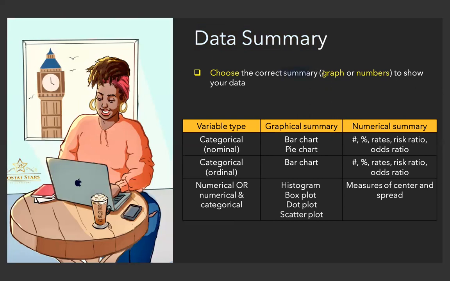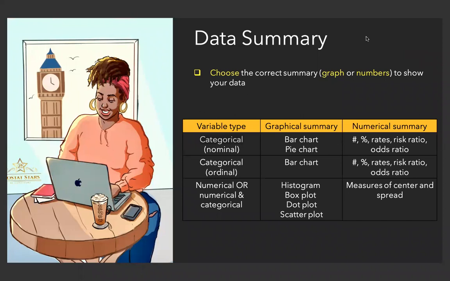It's either we use a graph or we use numbers, okay? So for example, if the variable type that we have is categorical, then really we can use these different types of graphs. Like we can use a bar chart, just like I talked about before.